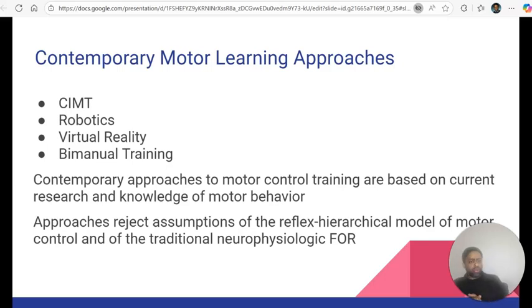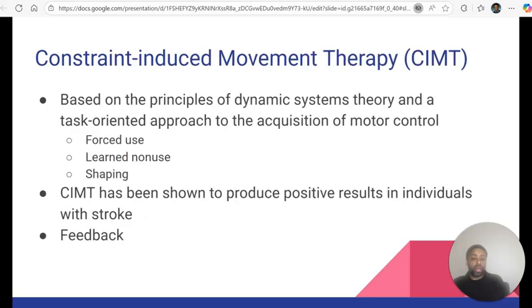So if I recall correctly, the original constraint-induced movement therapy is like 6 hours a day, but there's a modified constraint-induced movement therapy. And the principle of it is really forced use, and we may come into it in future slides, I think we will, forced use of the upper extremity. Robotics is another treatment approach with some evidence in terms of its efficacy. Virtual reality use is another one, and bimanual training is another one.